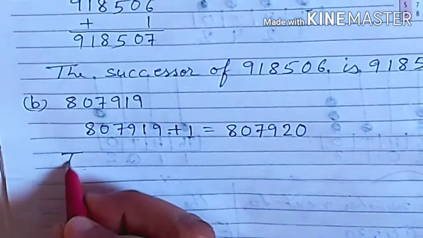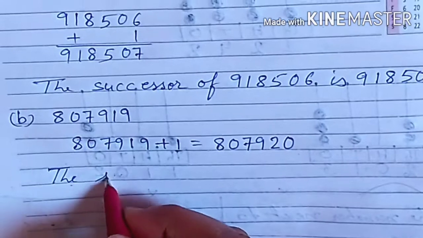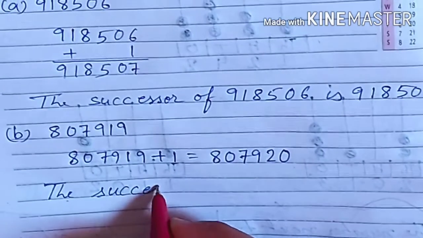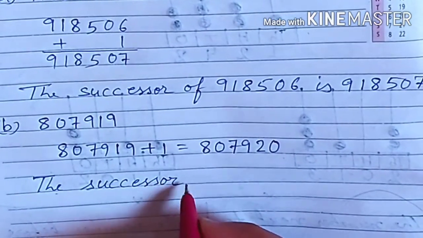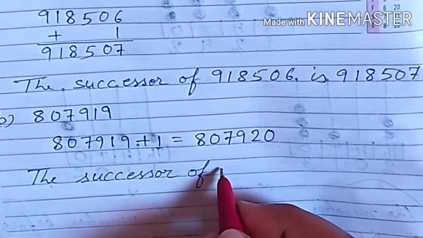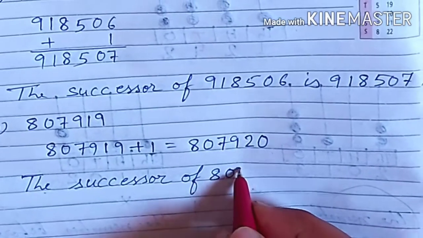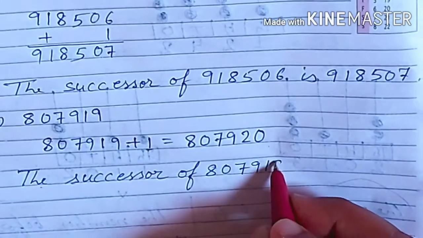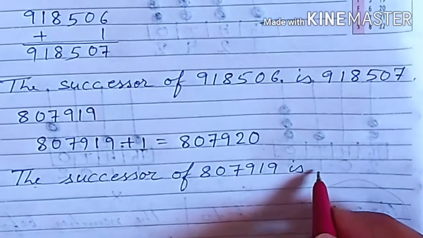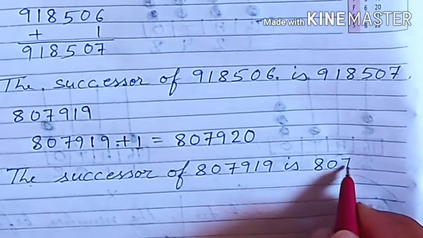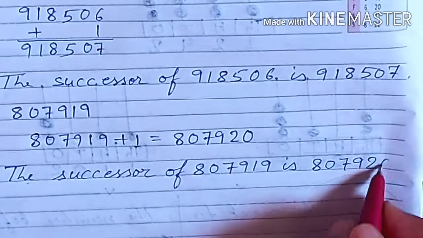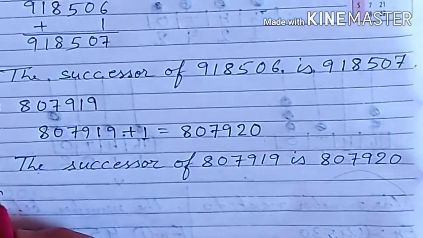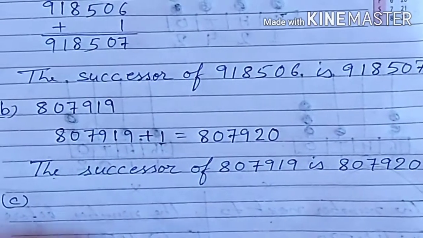So the successor of 8,07,919 is 8,07,920.